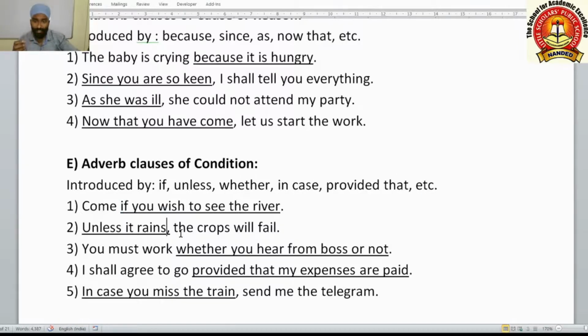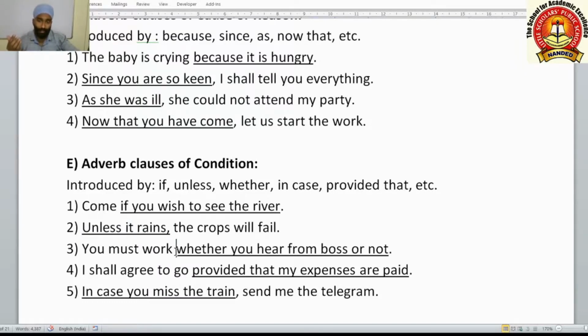Now, unless it rains, the crops will fail. Unless it rains, so this is the condition, it should rain and crops will not fail. If it does not rain, crops will fail. If one condition is true, the second is true. Sometimes what happens, if one is false, the second is true. This we have learnt in the unless and if chapter.